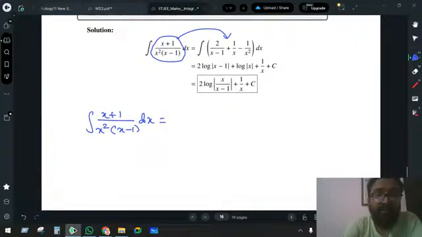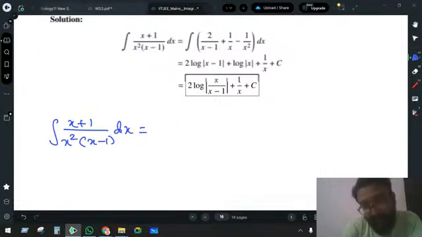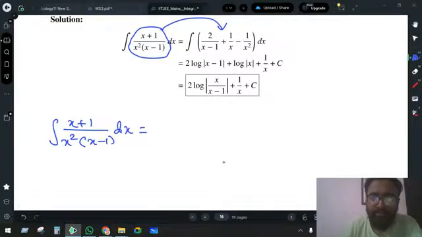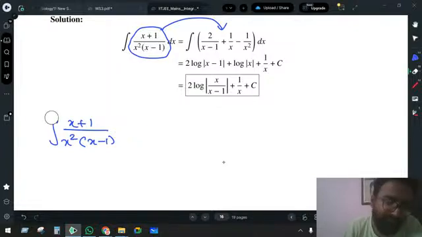I should not provide the detailed solution. This is for the understanding purpose only. Once you reach this, everything is simple, but reaching up to here is most important. So here what happens? First of all, don't write this integration and dx. You have to take up to here, which is equals to, what happens here?